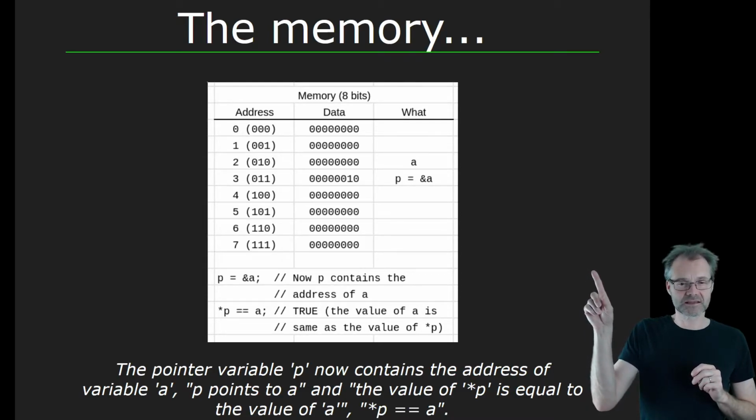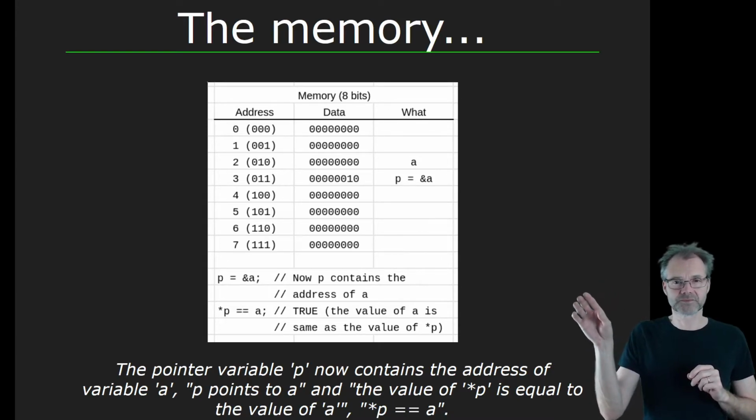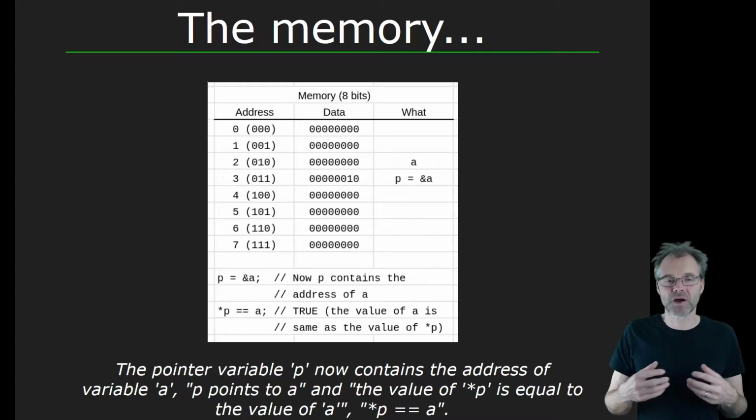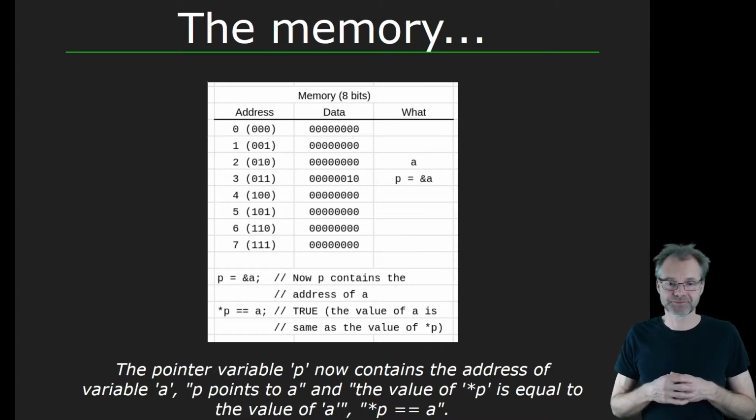And we can see that the data of P, the content of P, has now changed. Its value is now the same as the address of A. So one could say that P points to A currently.